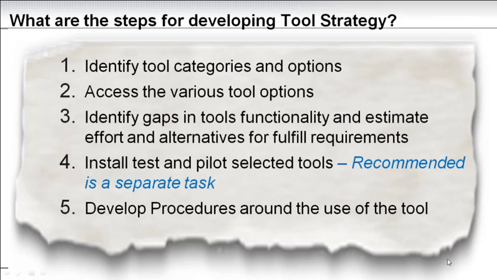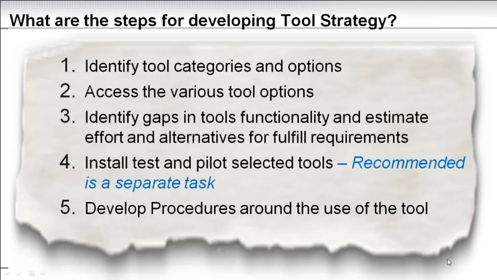Then, once you have the categories identified, assess the various tool options that you have. Our recommendation is, like vendor management, make some kind of scoring model. So first sit down and agree on the criteria where you will assess each tool.